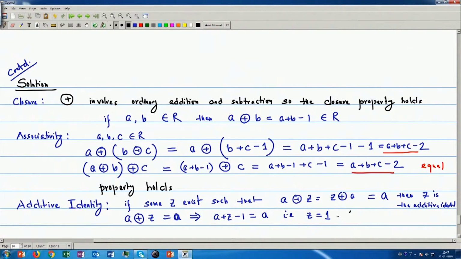We notice that here the addition in a circle is the operation we are assuming, and 1 is its additive identity. Now, what about the additive inverse?